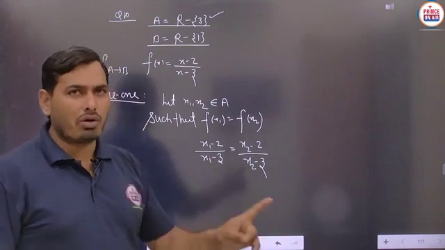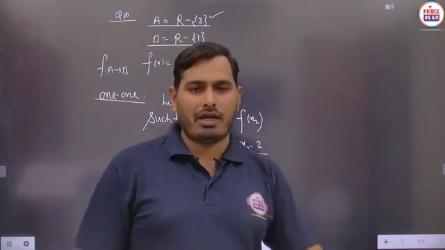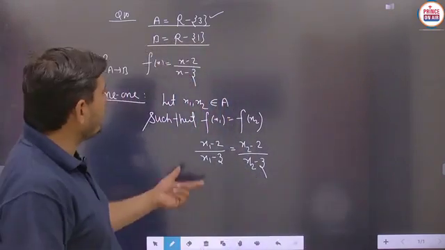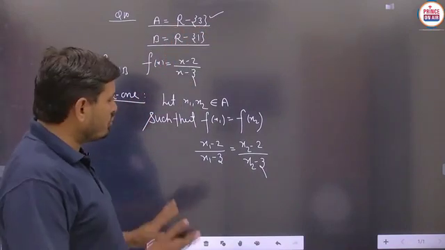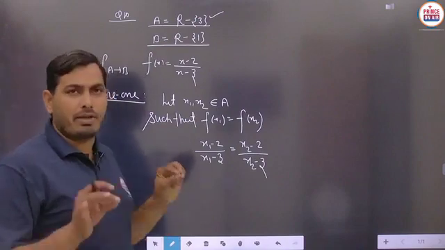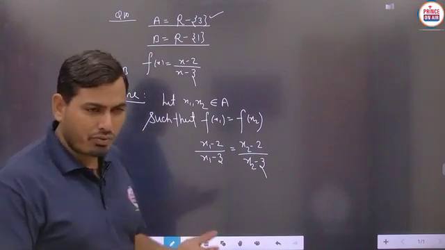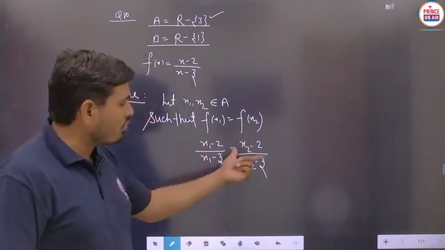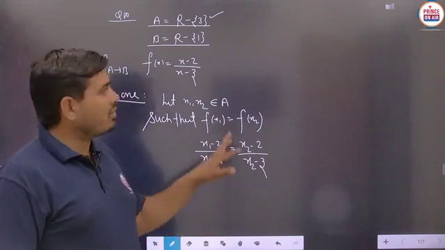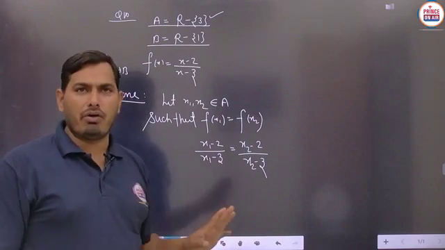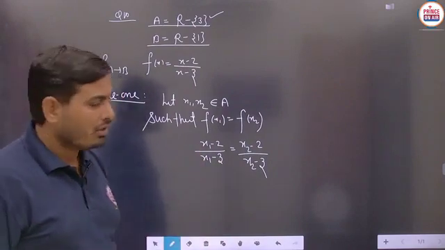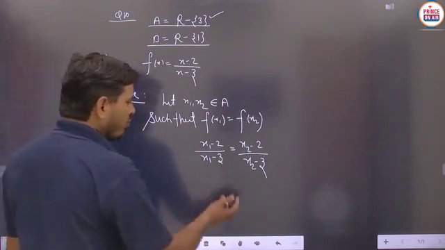Means you cannot take the value of x1 and x2 equal to 3. Suppose x1 and x2 are 3, then this is not defined, but here both belong to set A, and in set A we will not use the value of x1 and x2 as 3. So you can take any other number, then you can do the cross multiply.